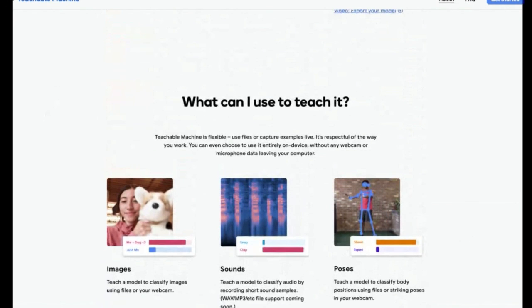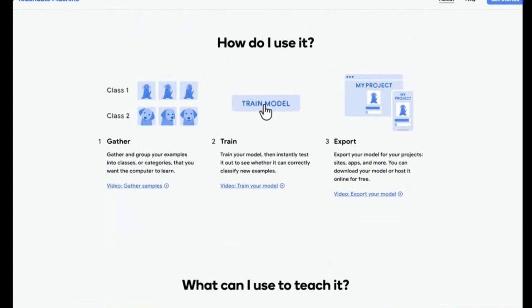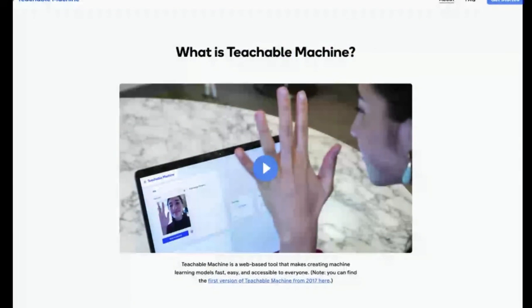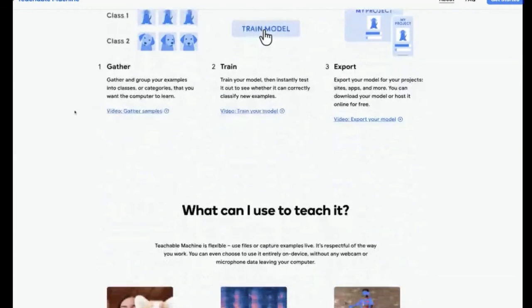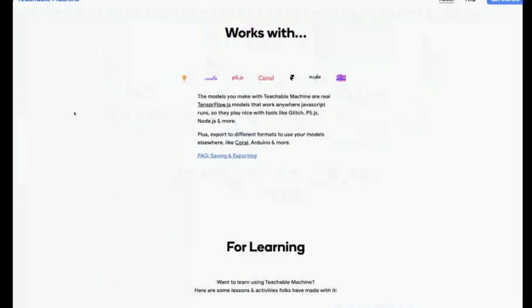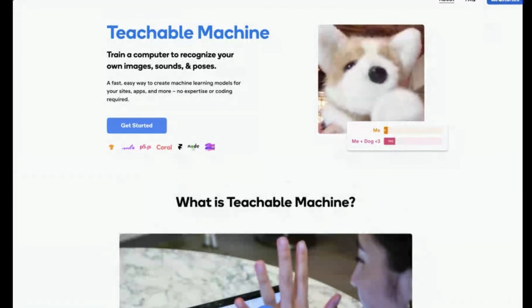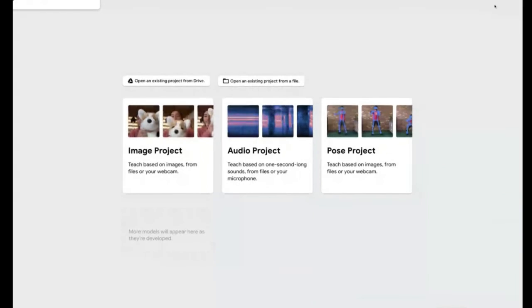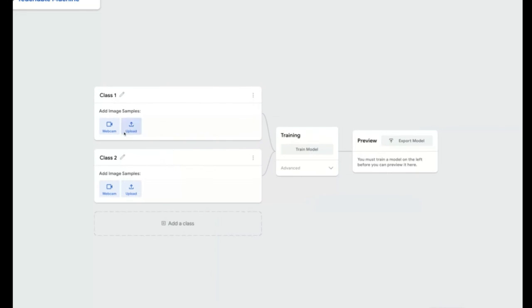I did a quick training earlier today to see whether it could recognize whether I was speaking English or German. I did another one where I trained it to see if it would catch me smiling or not. So if I'm going to try it out, I go to get started. And let's say I'm going to do an image project.